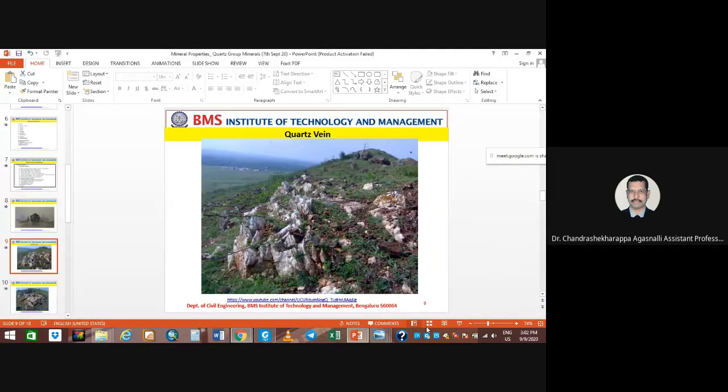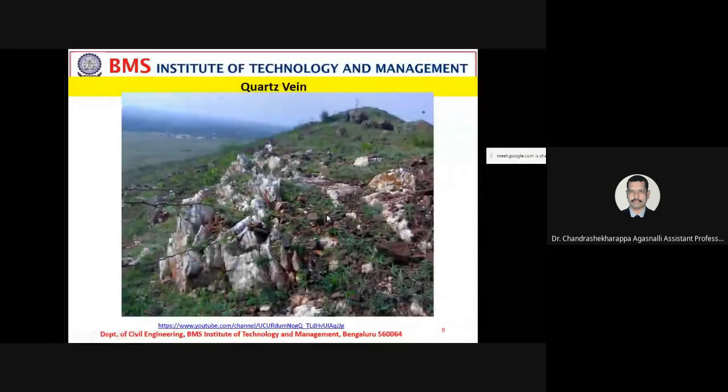This is how quartz can be seen in the field itself. It's actually a field photograph, not from the internet. It's a field photograph from where I did research, especially for gold exploration, and it shows how gold mineralization happened.